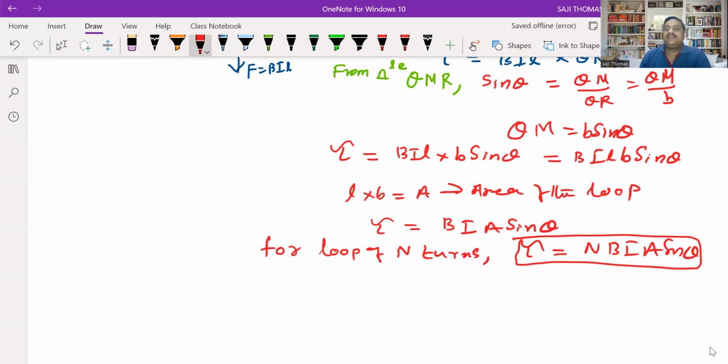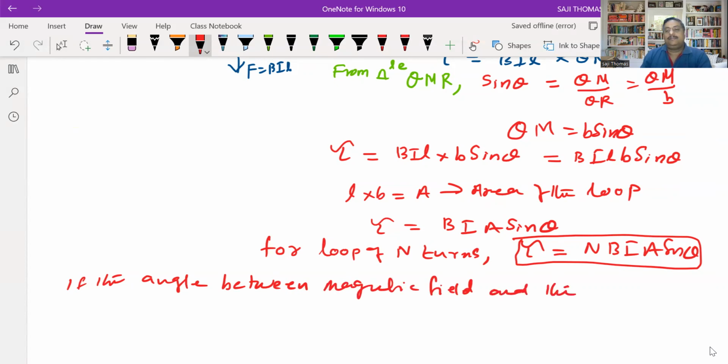If angle between plane of the coil and the magnetic field is alpha, then you can write theta plus alpha will be 90 degree.